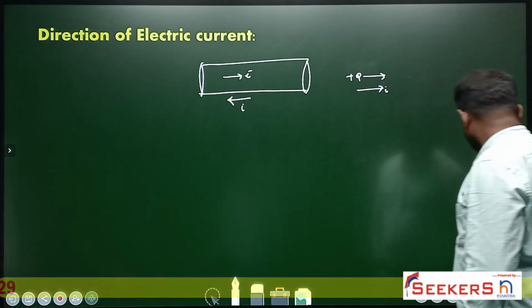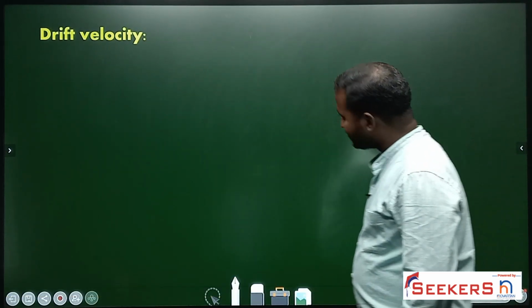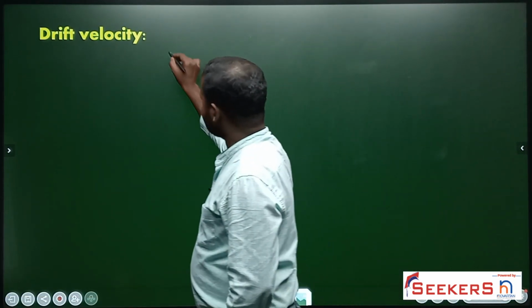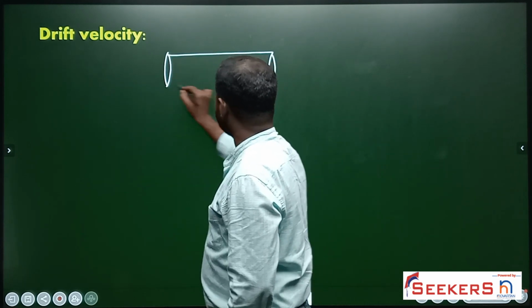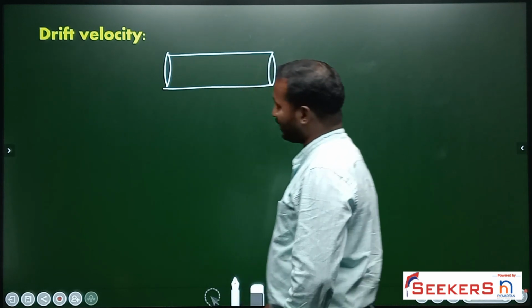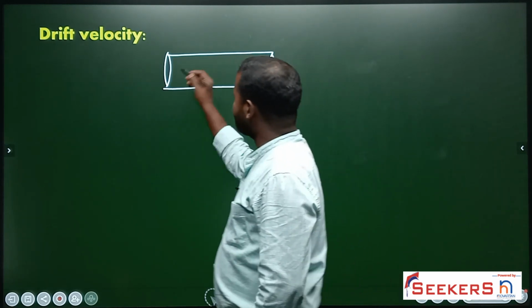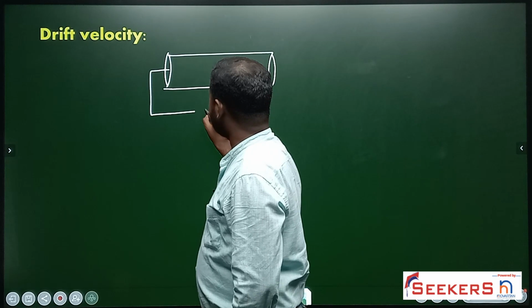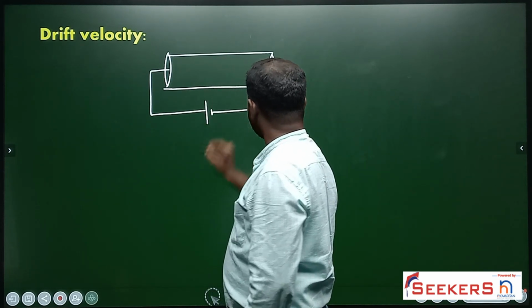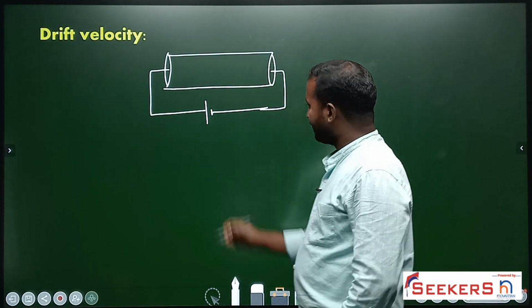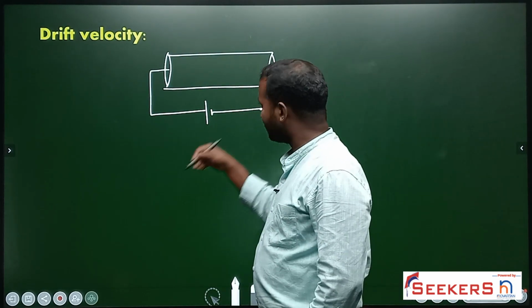Okay, so drift velocity. What is the drift velocity? If you just talk about electric current, how do we get electric current in a conductor? For example, if you connect this conductor to a cell, what is the role of the cell? The cell pushes the charge carriers in the conductor.